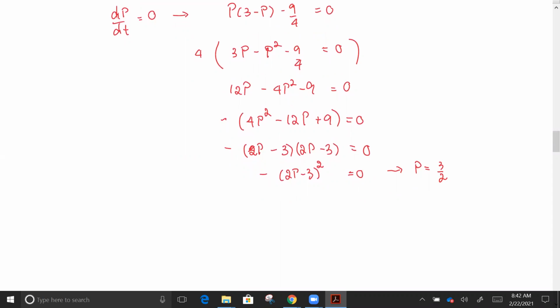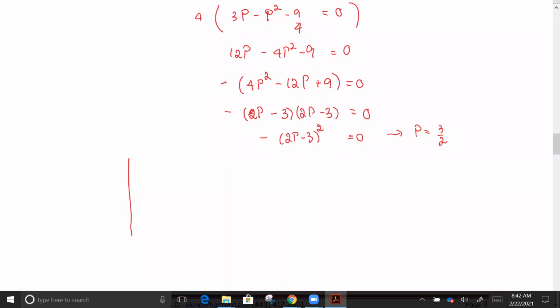Just one critical number. And then draw the phase portrait as a vertical line, which is the axis of the dependent variable, in this case P. Locate P equals 3 over 2 on the line. We're going to bound this at P equals 0, because we don't want to do anything when P is less than 0, as it doesn't make sense or isn't applicable.